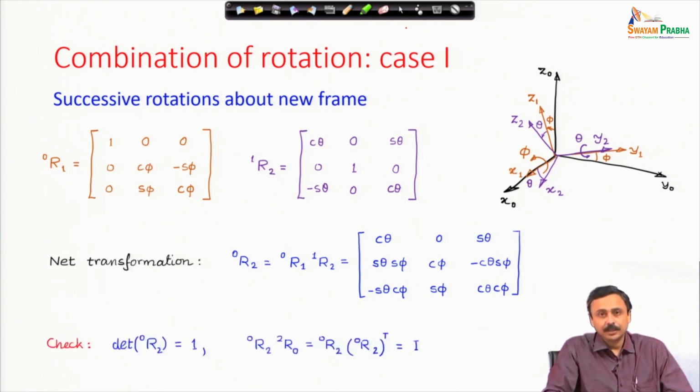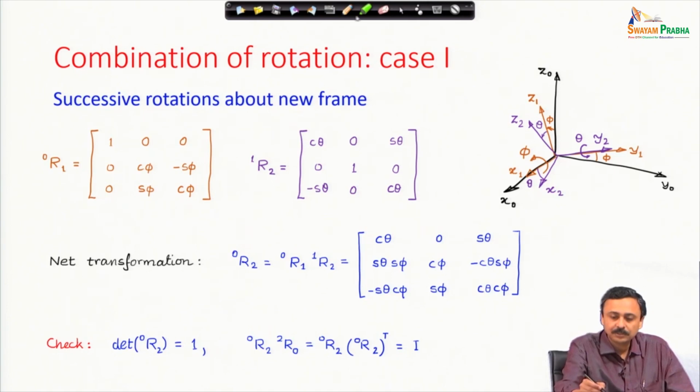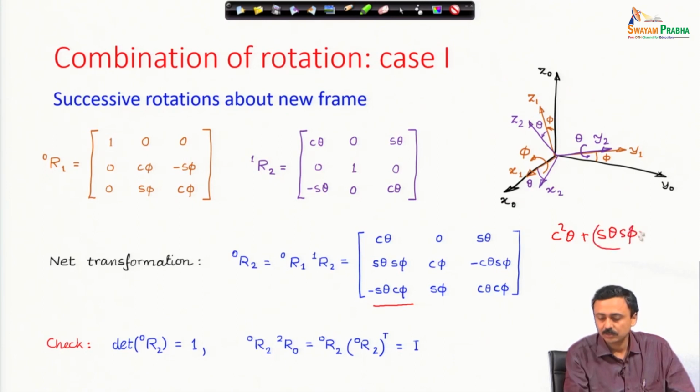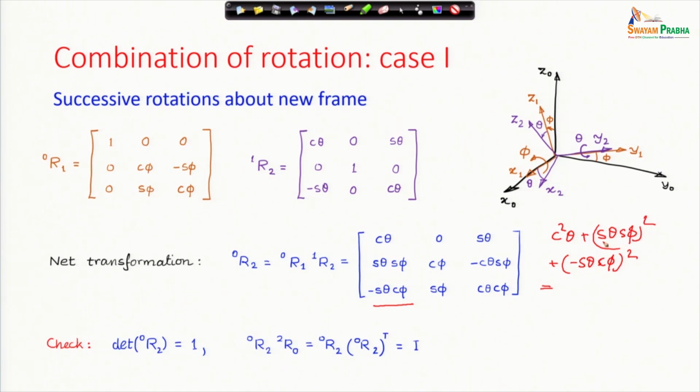You can again check what is the determinant. You can check whether they are orthonormal. For example, if I take the dot of this with itself, I get cos square theta plus (sin theta sin phi) whole square plus (minus sin theta cos phi) whole square, and that will turn out to be, here I will get sin square theta, here also I will get sin square theta, and here I will get sin square phi plus cos square phi, that will be 1.